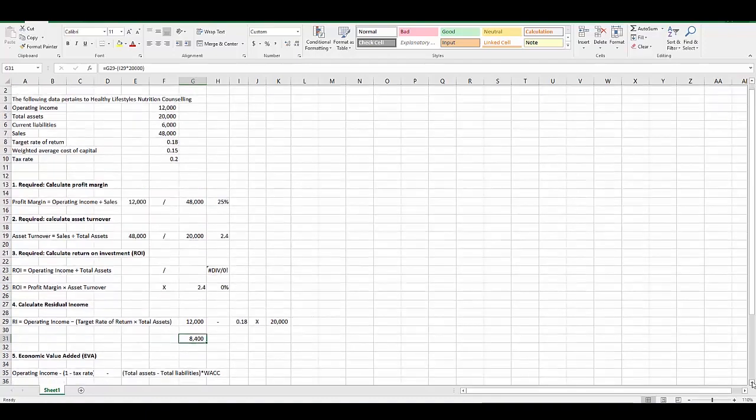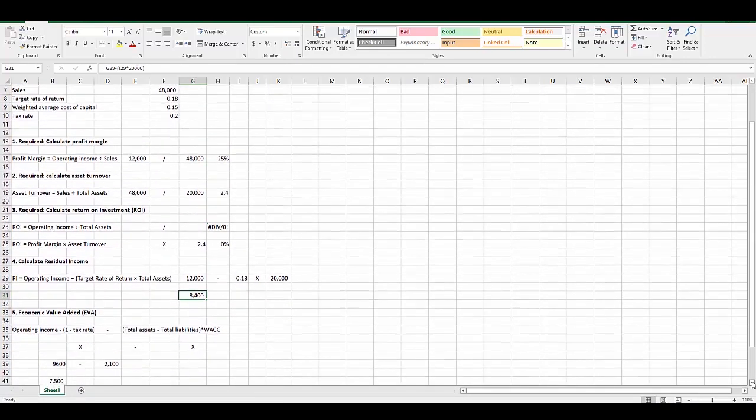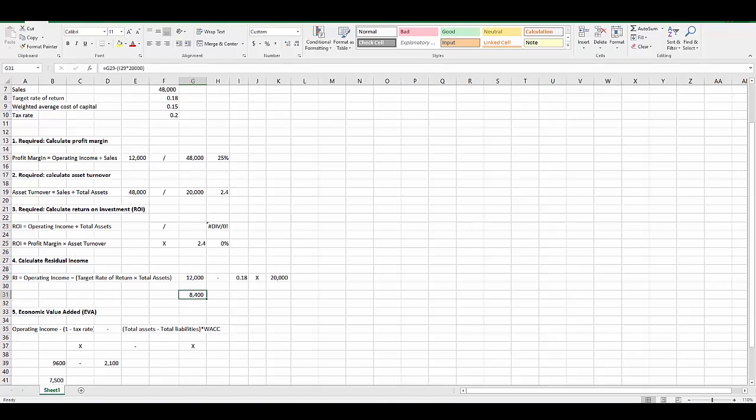The next one we're going to calculate is your economic value added, commonly known as EVA. Here that's calculated as operating income times one minus your tax rate, less your total assets minus total liabilities times your weighted average cost of capital.